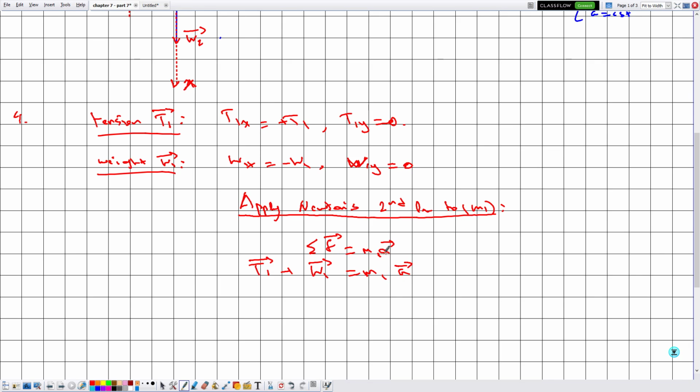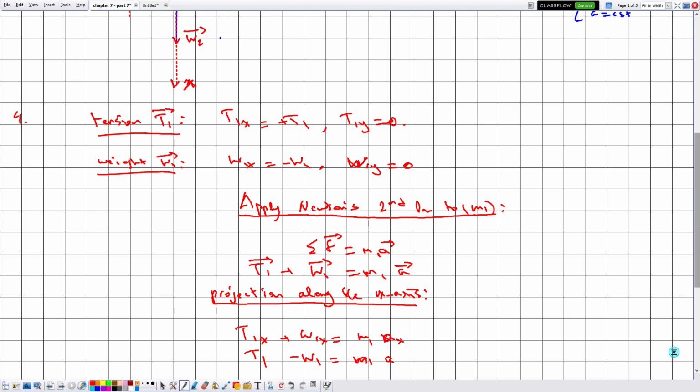Notice that always in order to deal with a vectorial equation we need to consider the projection. So let me say projection. So now we drop down the vectors and each vector quantity will carry the label x. Now T1x is given by T1, W1x is given by minus W1, is equal to M1A.